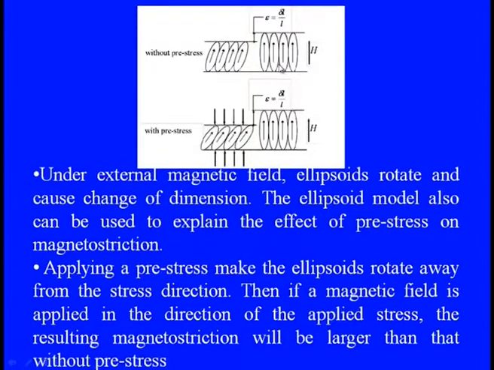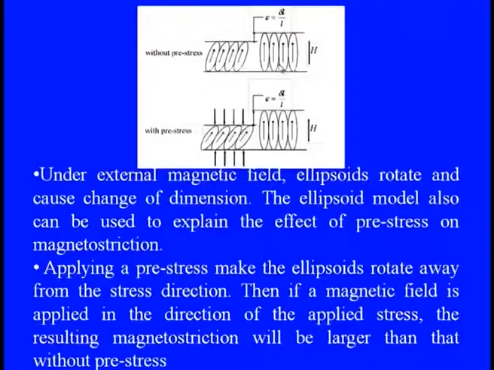So, the pre-stress clearly causes a change in the direction even in the presence of the magnetic field, and when the pre-stress is there, the change is even more significant along the major axis.